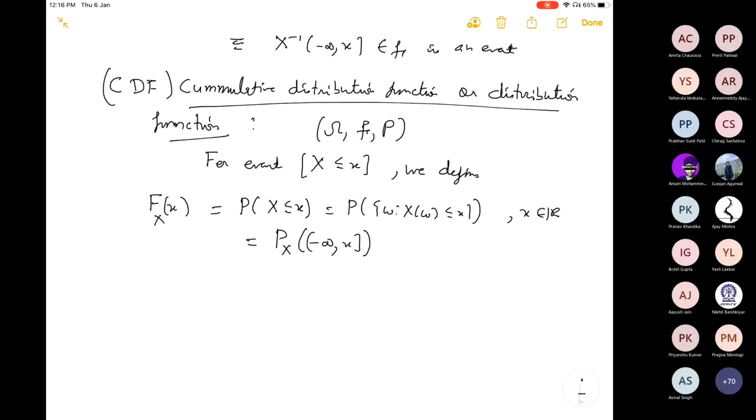Capital X is a random variable here, and X less than or equal to x is an event, which is nothing but this set. Just a notation.